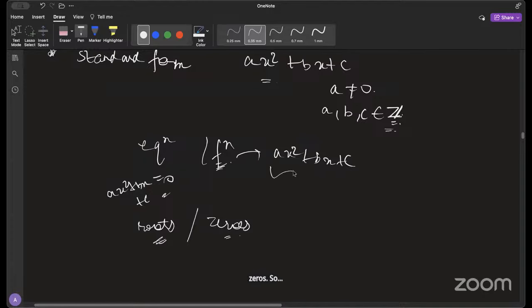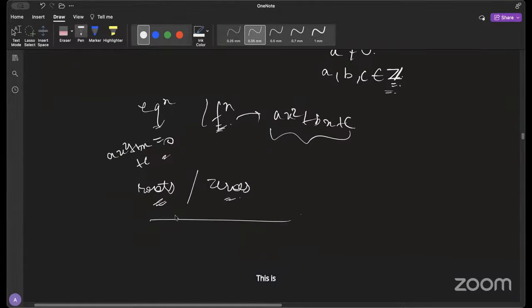So this is just terminology. Don't get confused here. Roots are of equations and zeros are of functions. If we say that x₀ is a zero of f, that means f(x₀) equals 0. They do the same thing, but that's just the terminology that we use.